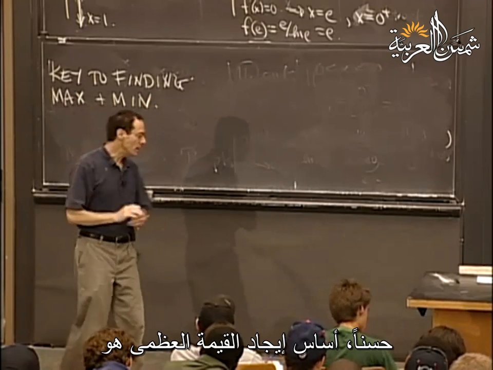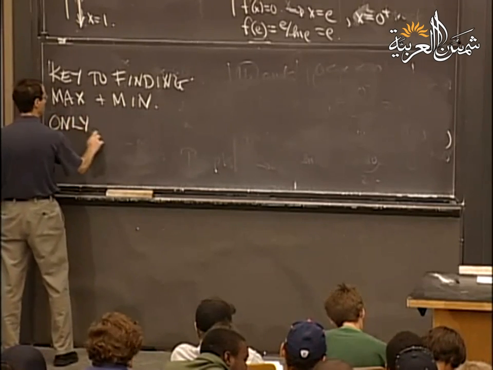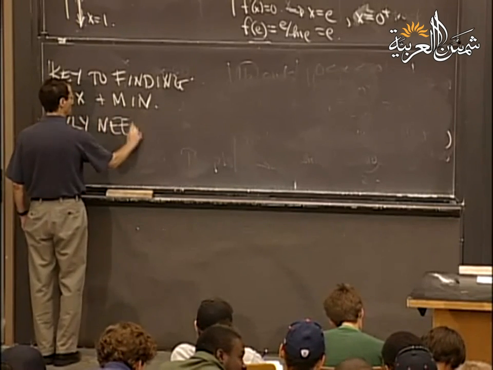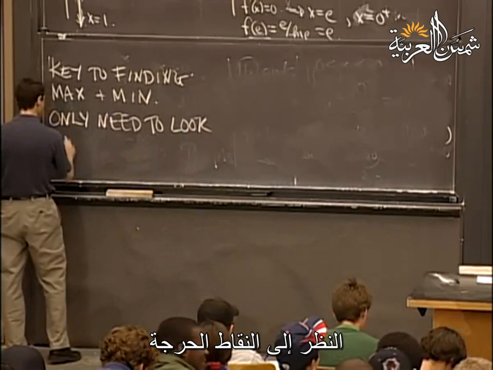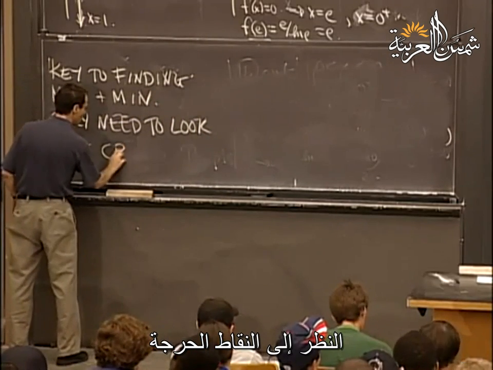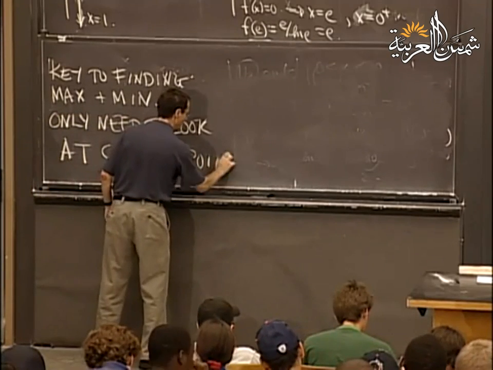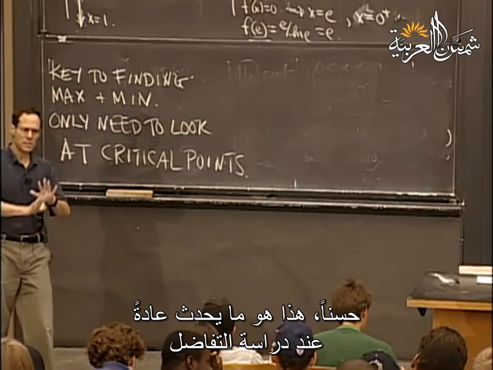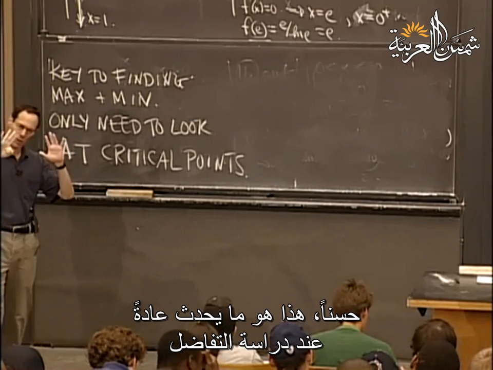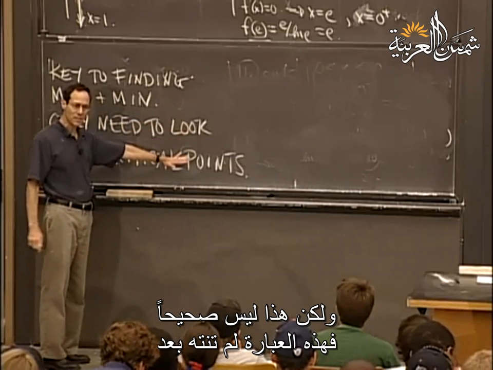So the key point is we only need to look at critical points. Well, that's actually what it seems like in many calculus classes, but that's not true. This is not the end of the sentence.